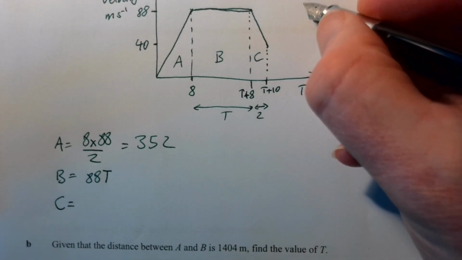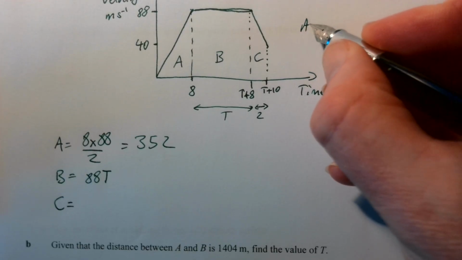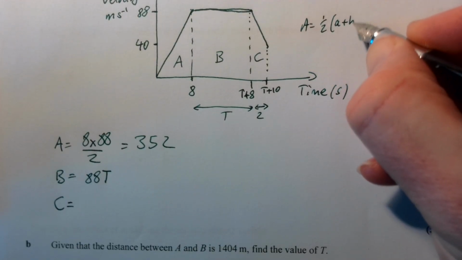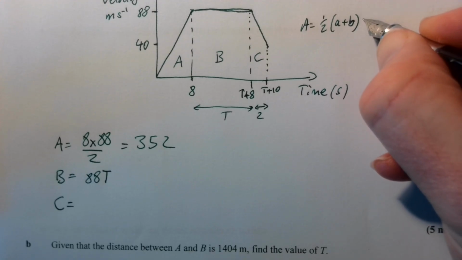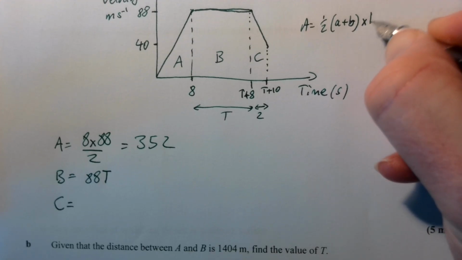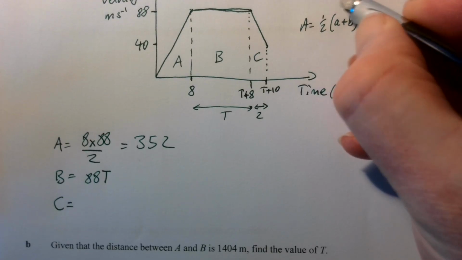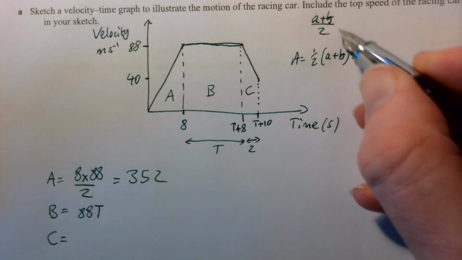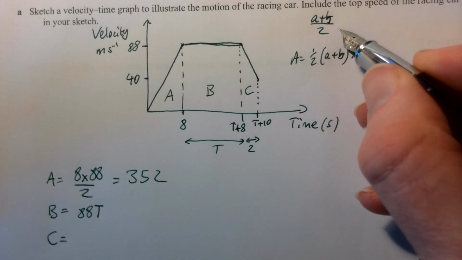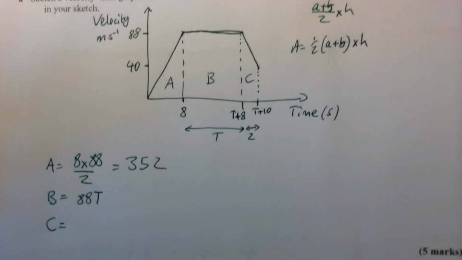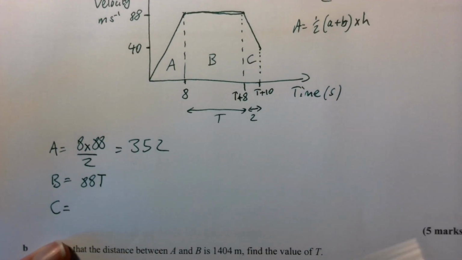The area of a trapezium is a half a plus b times the height, or some people like to do half of the average of the parallel sides times the height, whichever way round is all you need there.